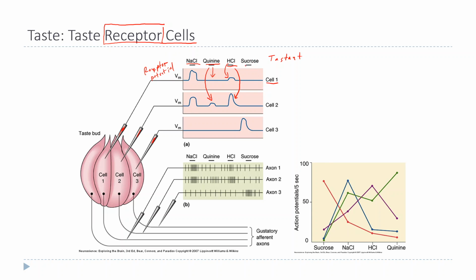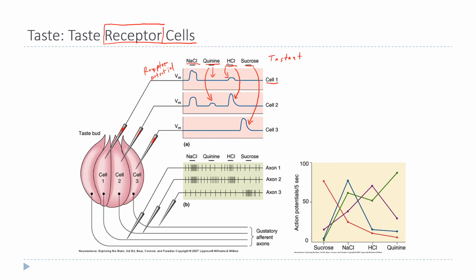Finally, we've added sucrose. Sucrose is the tastant associated with the sweet sensation. And in this case, cell 1 and cell 2 don't respond at all. So they don't have any depolarization in response to sucrose, but cell 3 does respond. So that depolarization is how the taste receptor cell responds to the tastant.